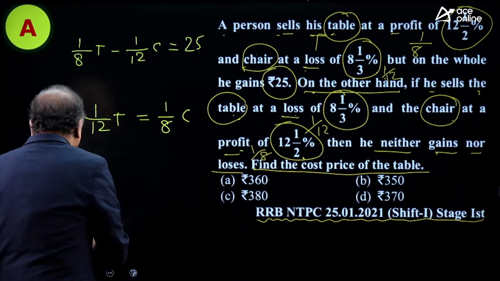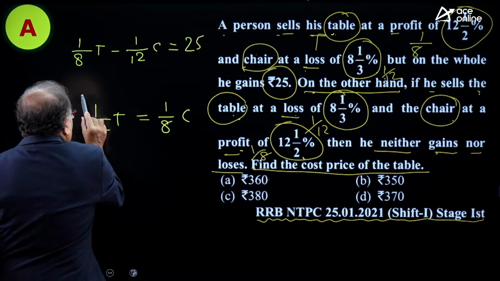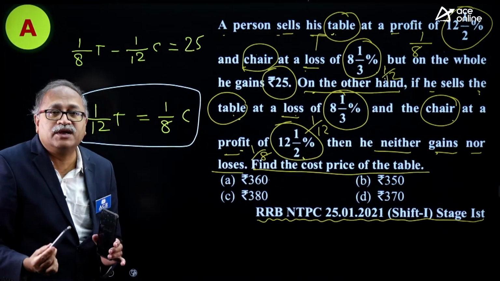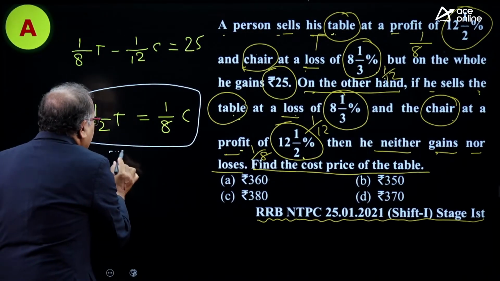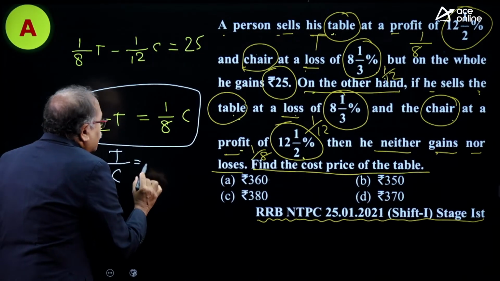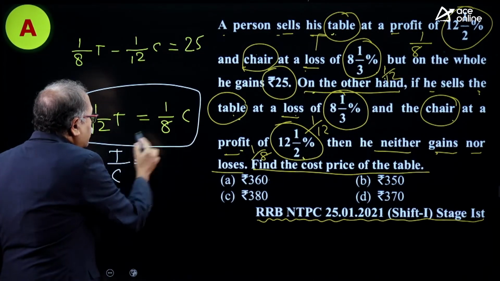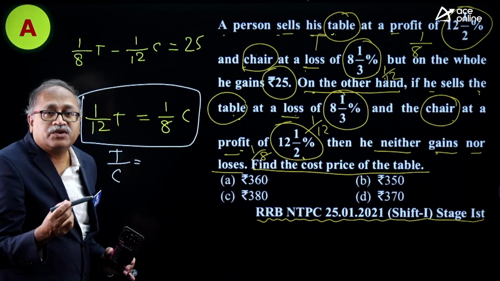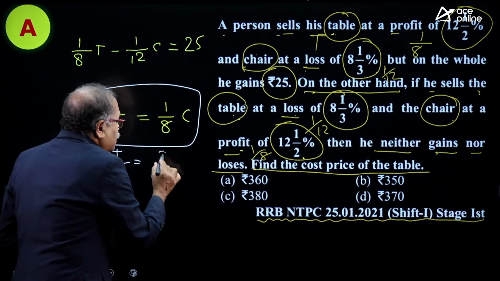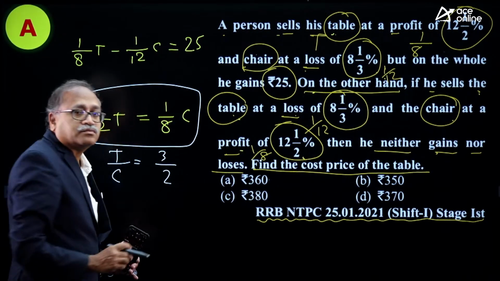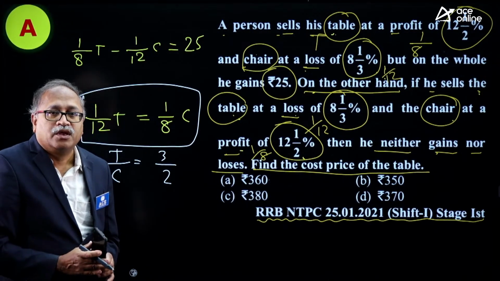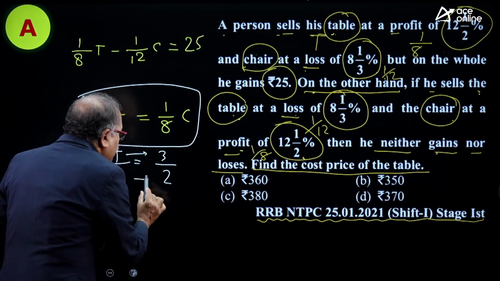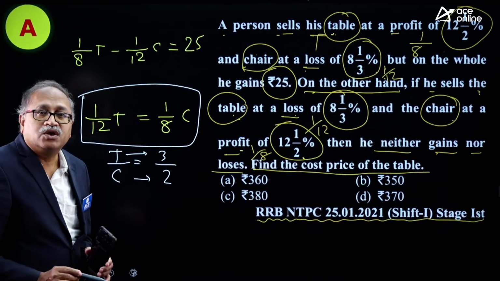And then what he must have done, Deepak, have you done the same thing? You worked out the table and chair ratio. So what is table by chair? Bringing the chair over here, it is 12/8, and with 4, both get cancelled, so 3/2. Done. Now if the table is 3, the chair is 2.